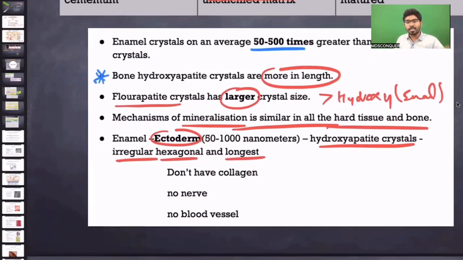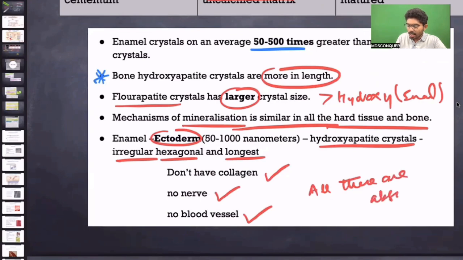The only structure in the teeth which does not have collagen is enamel. Enamel does not have nerves. Enamel does not have blood vessels. So blood vessels, collagen and nerves are absent in enamel. Clear, guys? Clear till this point?